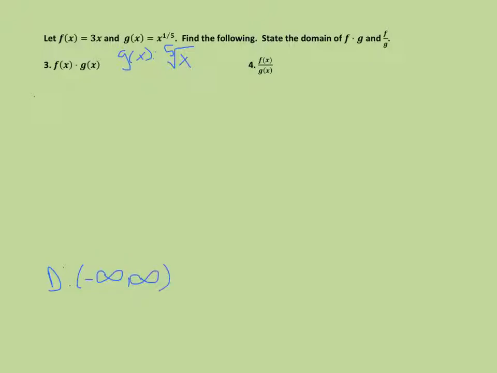So let's see, we get h of x equals 3x times x to the 1/5. So that would be 1 plus 1/5. So this would be 3x to the 6/5. And yep, that is our domain. So we're good.